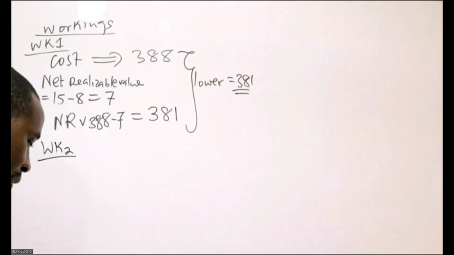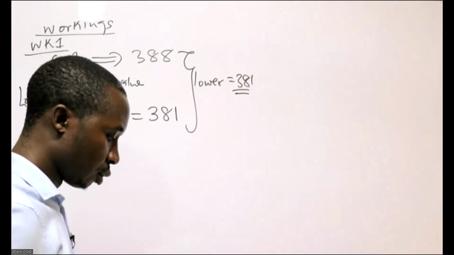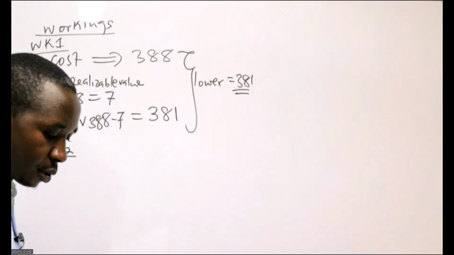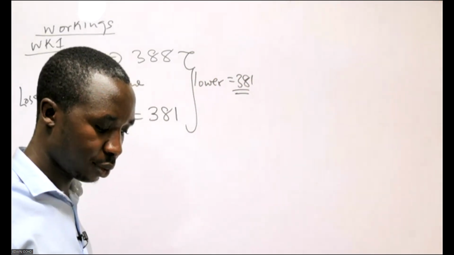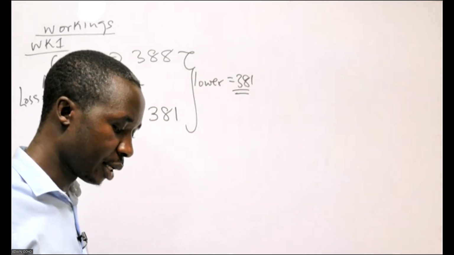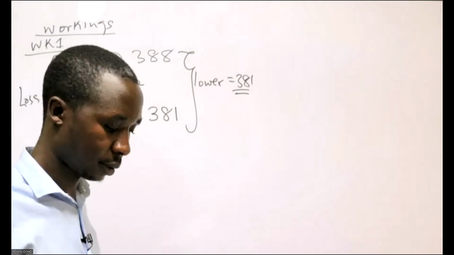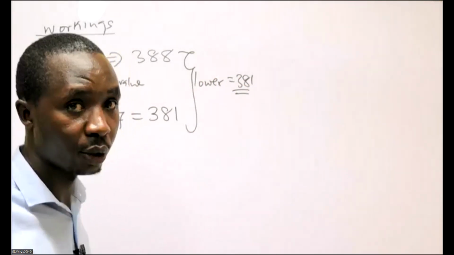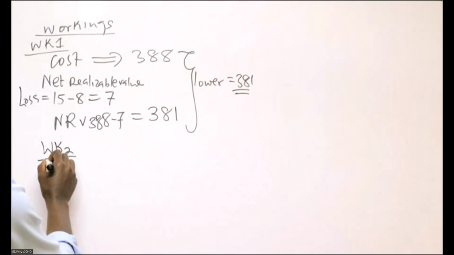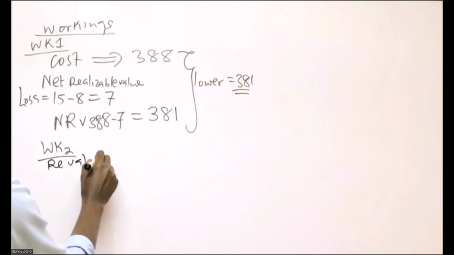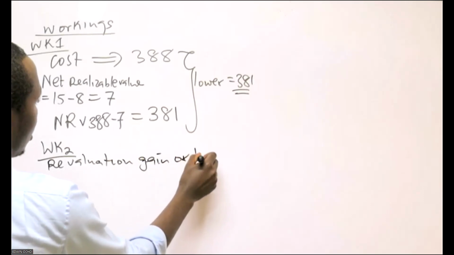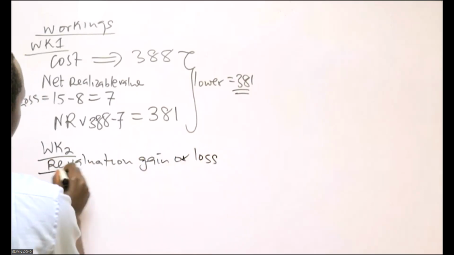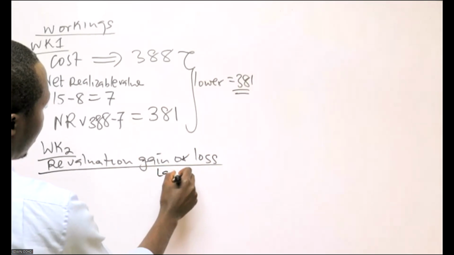Land and buildings were revalued on 1st January 2014 to 800 million, including land at 100 million. The buildings have a remaining useful life of 40 years. So there's a revaluation of land and building. So I need to check if there's a revaluation gain or loss of land and building.